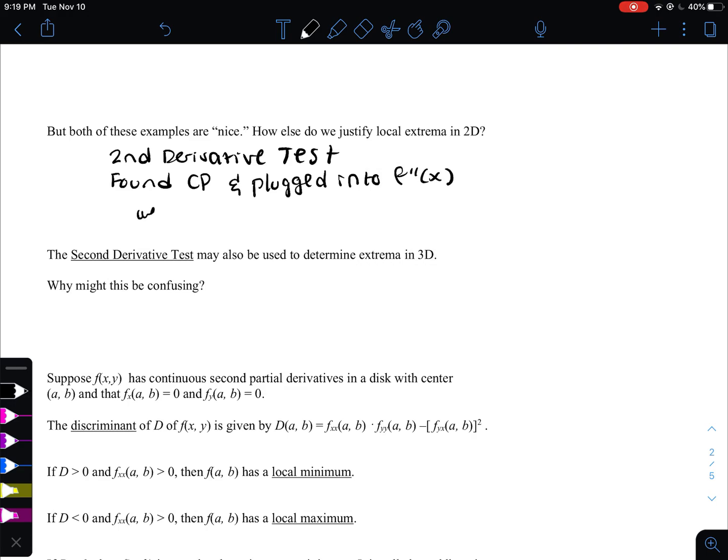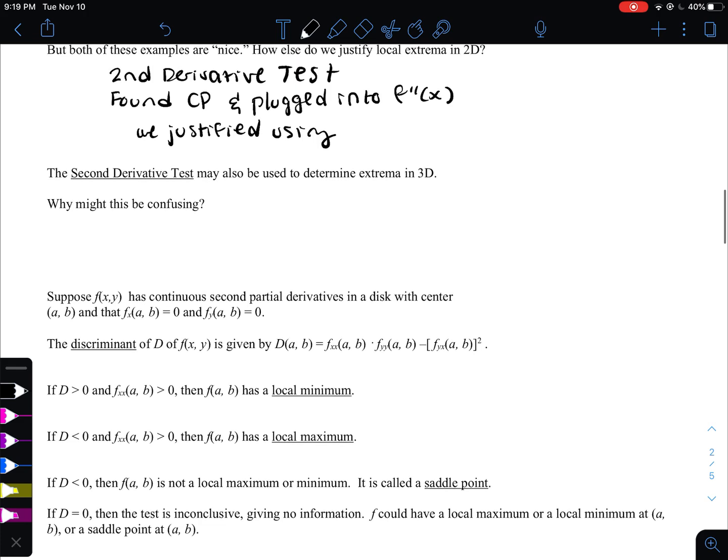We justified using the concavity at that point. Remember, if it was concave up, we had a minimum. If it was concave down, we had a maximum, all that jazz. That's what we're going to do here. We're going to use the second derivative because it doesn't require us to look at any particular direction. It doesn't require us to figure out a left and right or an up and down.